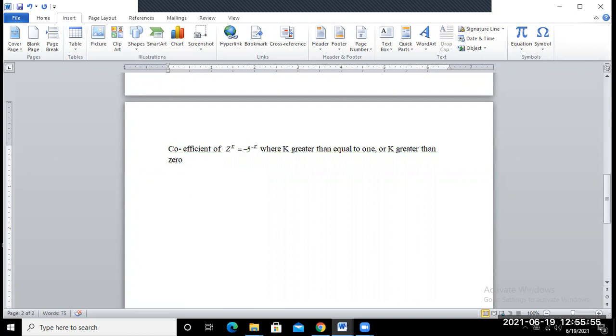So what will be the coefficient of z minus k?